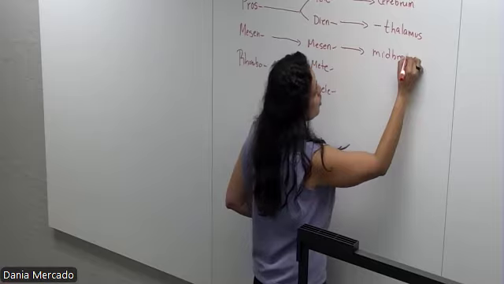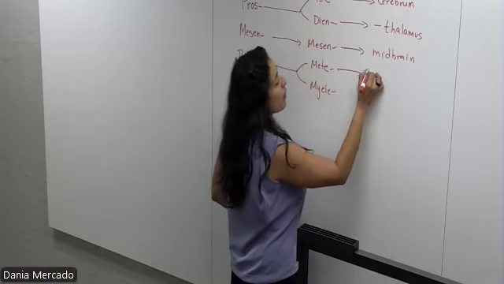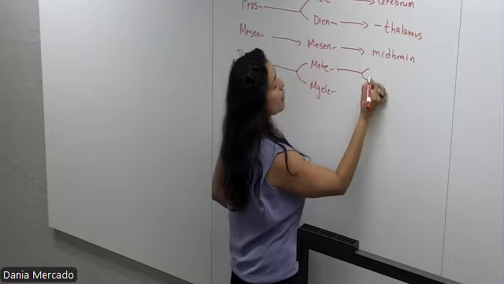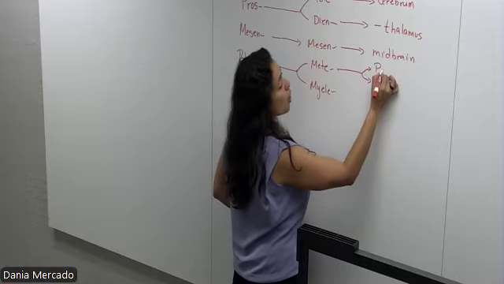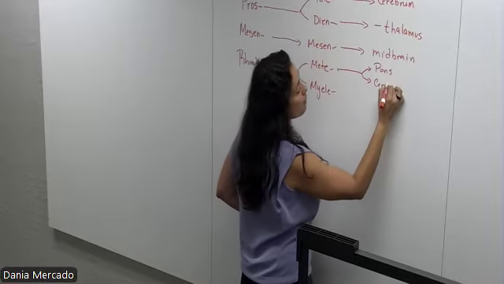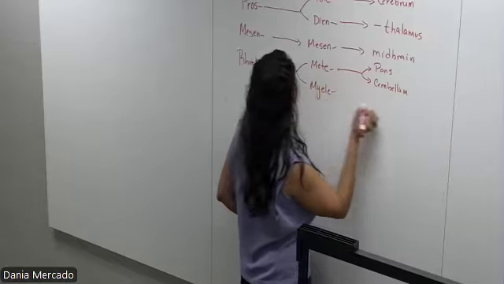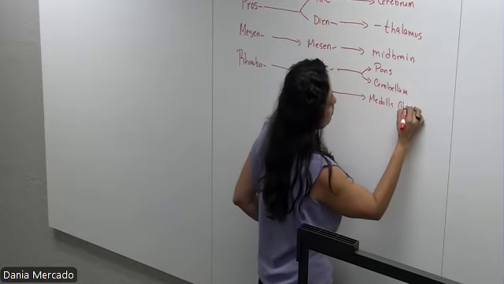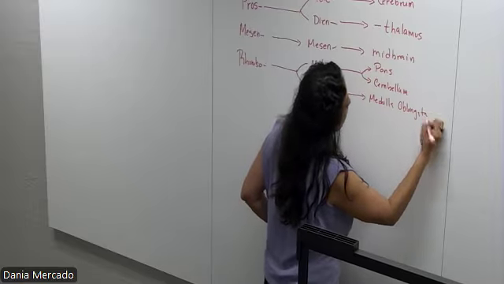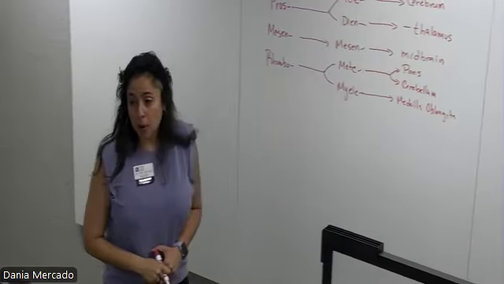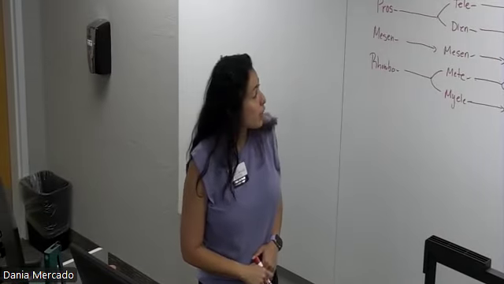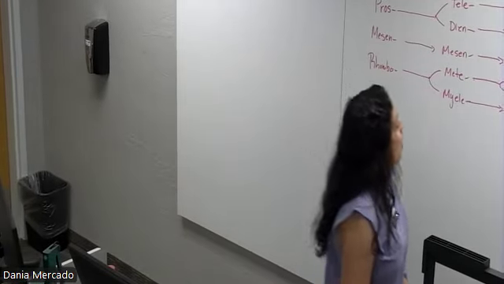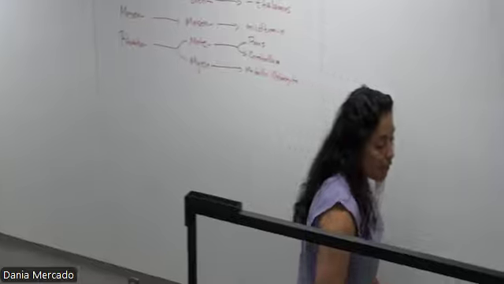The metencephalon divides into two, and that's going to be your pons and cerebellum. Then your myelencephalon is your medulla oblongata. So that's where your brain comes from, primary and secondary vesicles. Now let's talk about each region individually.